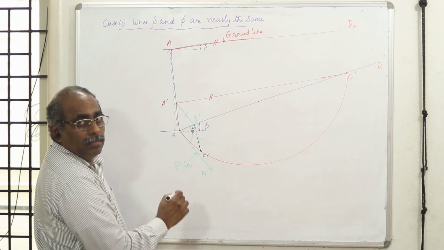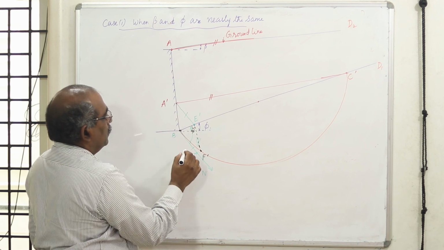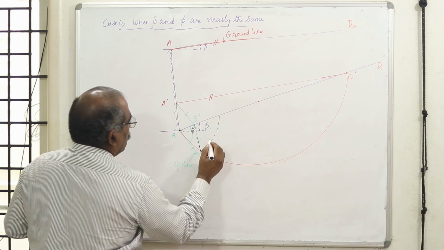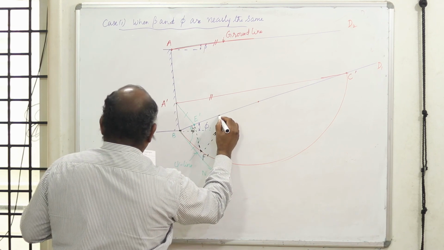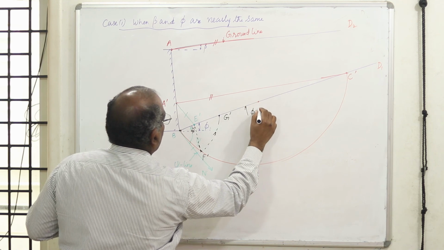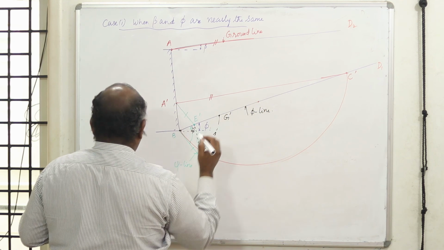Now with B as center and BF as radius, I draw an arc. When I draw an arc, it will cut the ground line, the phi line, at G dash.